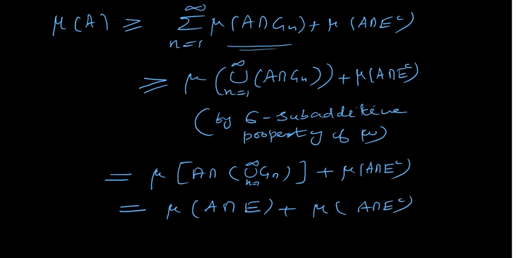So thus we have mu of A is greater or equal to this. Which proves that E is measurable, because you got the reverse inequality; the other inequality is trivial, it always holds: mu of A is less or equal to mu of A intersection E plus mu of A intersection E complement.